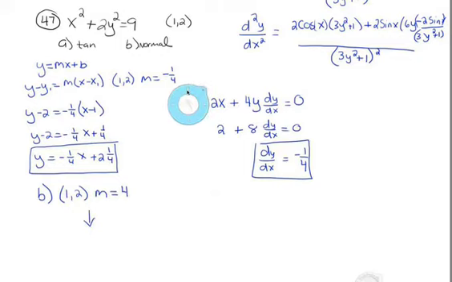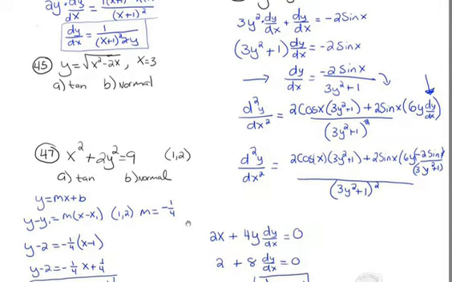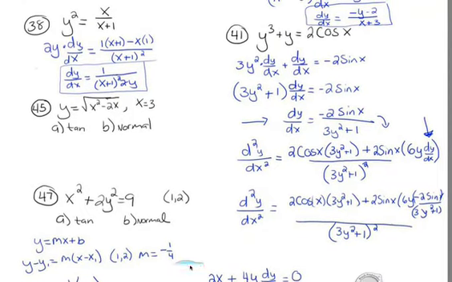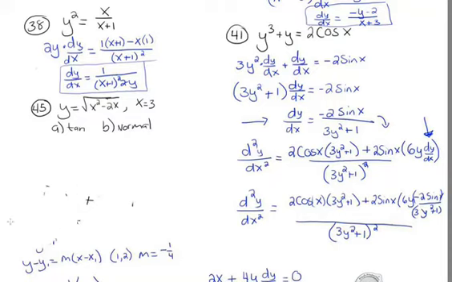And let's quickly do number 45. And in order to do 45, I'm going to erase what I just did on 47. And so this should be pretty trivial again. I simply want to take the derivative to find my slope, and then I'm going to need to know the point.